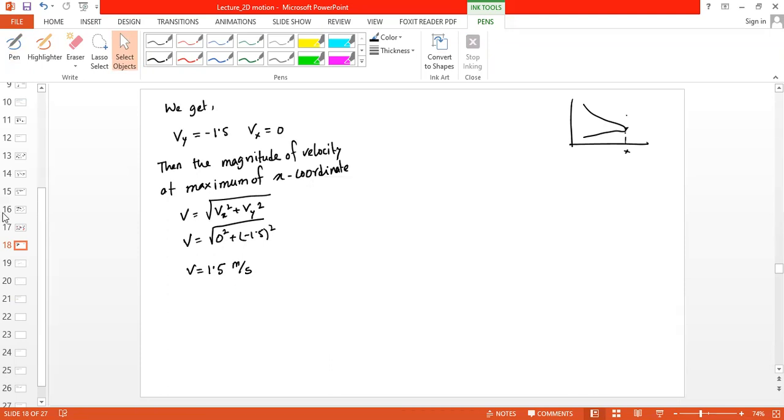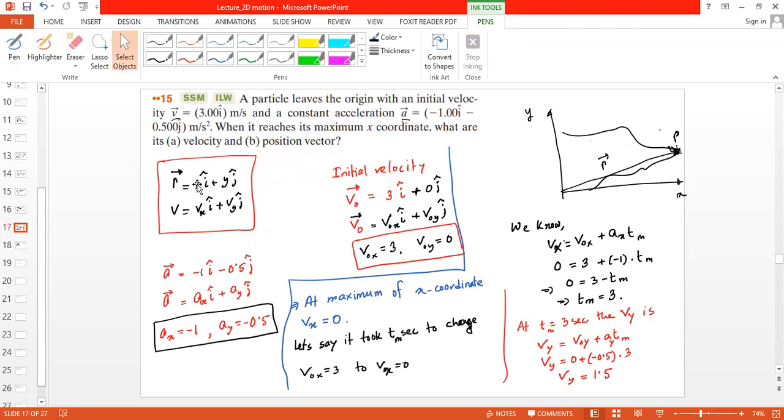কারণ আমাকে এটাই জানতে চেয়েছে, they asked me for the velocity and then position vector.